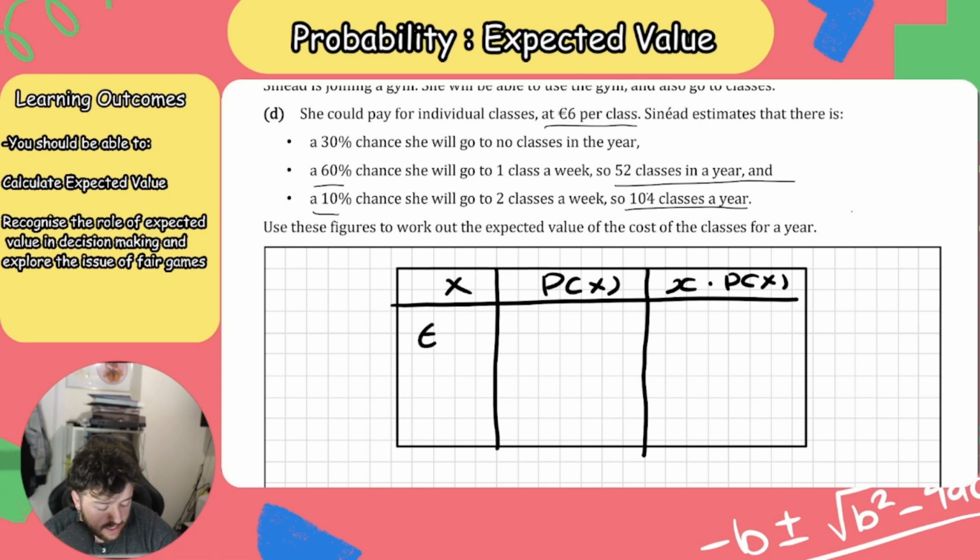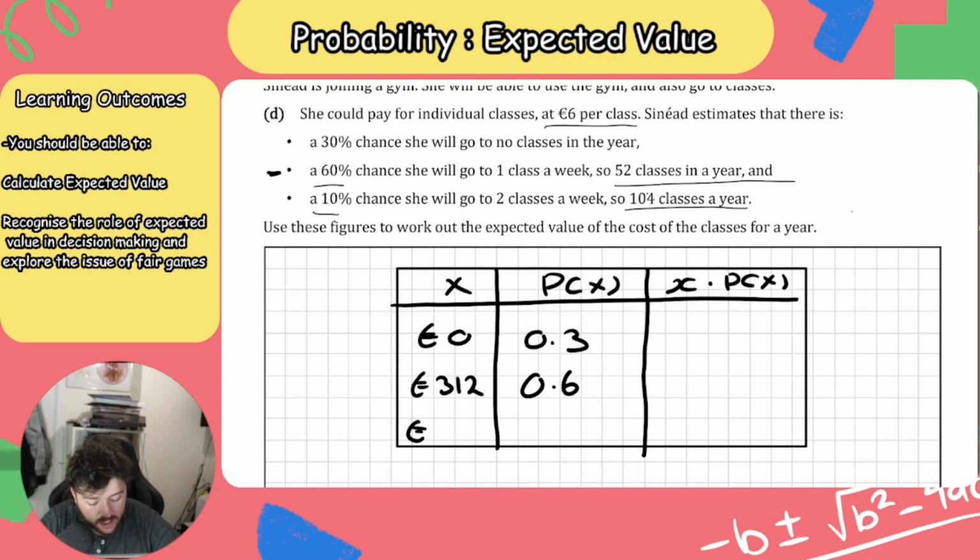She's going to be spending €0, right? Then that's going to be 0.3. She has a 60% chance of going to 52 classes a year. So I'm looking over here. 52 classes a year. So 52 times 6. So she has a 60% chance she's going to spend €312.